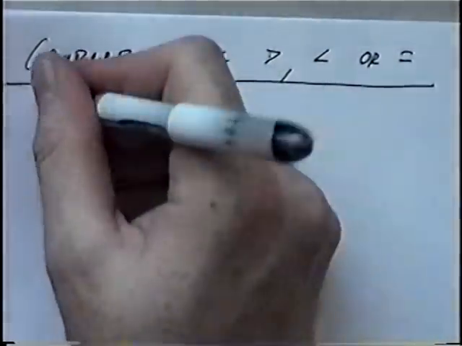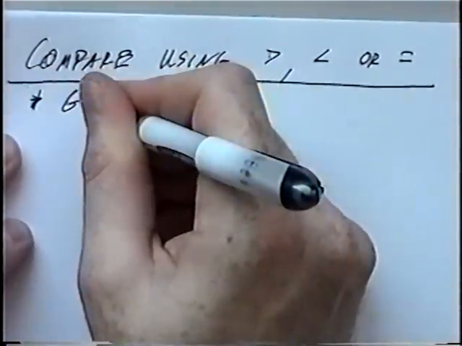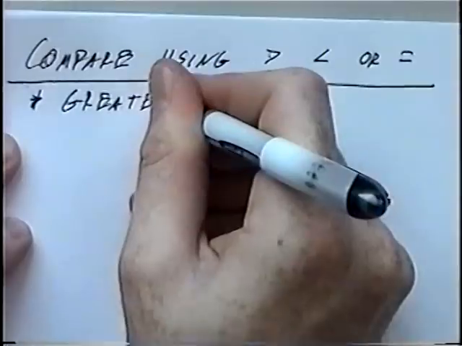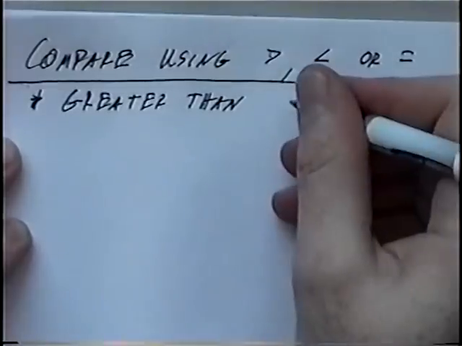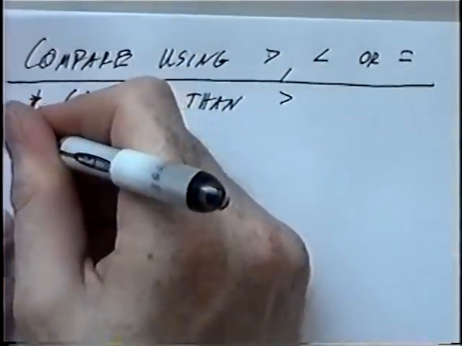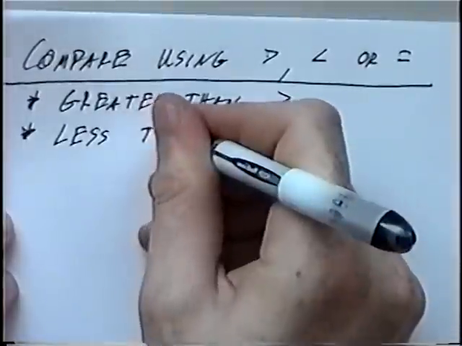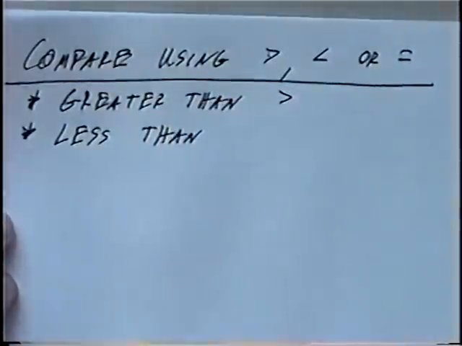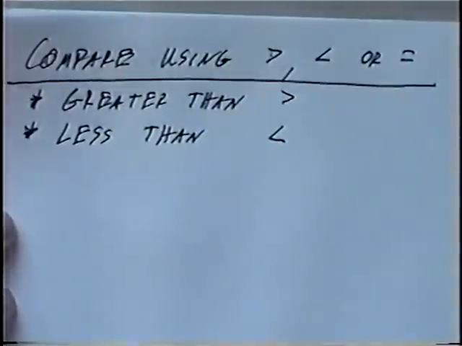As part of the definitions for this section, greater than: the greater than symbol looks like this. And the second definition, less than. The less than inequality is the opposite and opens the opposite way.